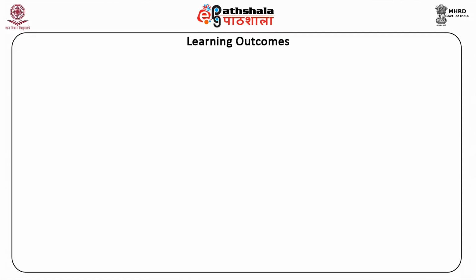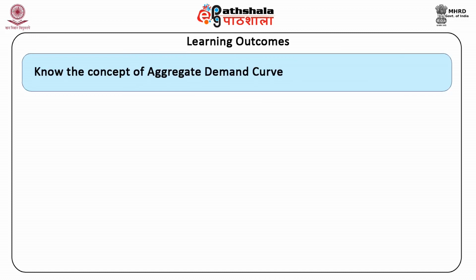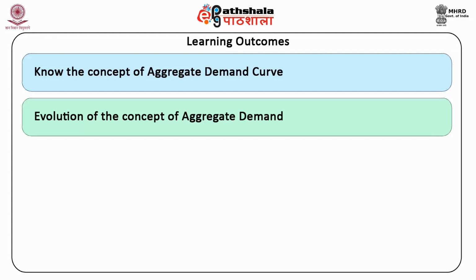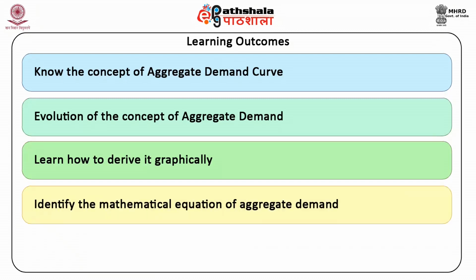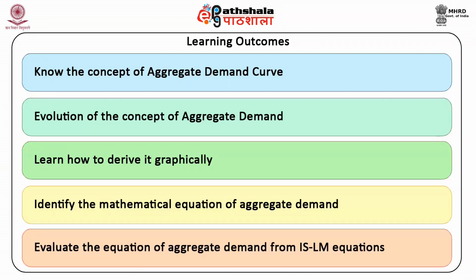After studying this module, you shall be able to know the concept of aggregate demand curve, evolution of the concept of aggregate demand, learn how to derive it graphically, identify the mathematical equation of aggregate demand, evaluate the equation of aggregate demand from ISLM equations.